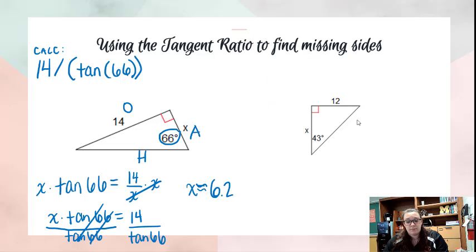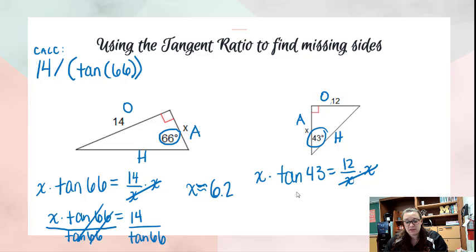My last one here, we have got to label sides: across from the right angle hypotenuse, across from our reference angle opposite, and the last one adjacent. Let's use tangent of 43. Instead of opposite over adjacent, we've got 12 over x. And let's see what we can do to solve for x. I'm going to multiply both sides by it so they cancel.